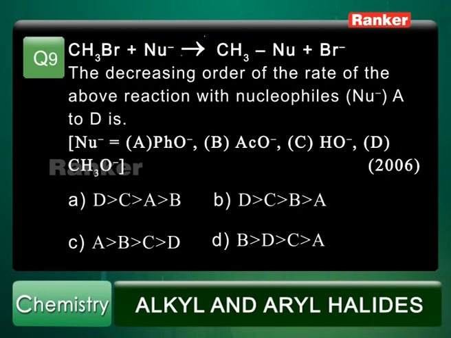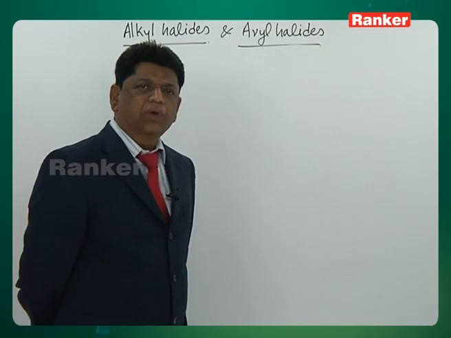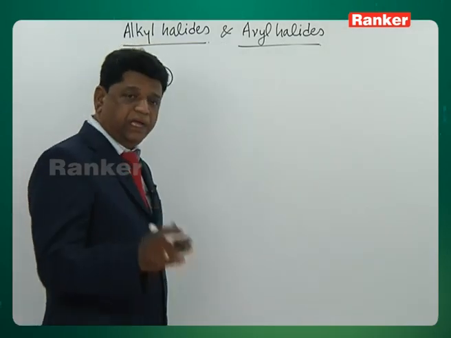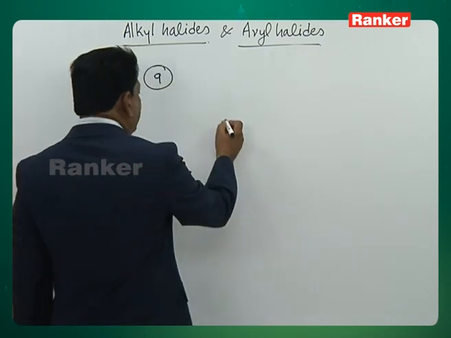So the nucleophiles differ in basicity and in terms of nucleophilicity. In one way we can say the stronger the base, the stronger the nucleophile, except in the halogens, where basicity and nucleophilicity are reversed. But in general, for all these nucleophiles, stronger the base, stronger the nucleophile. Phenoxide is there.